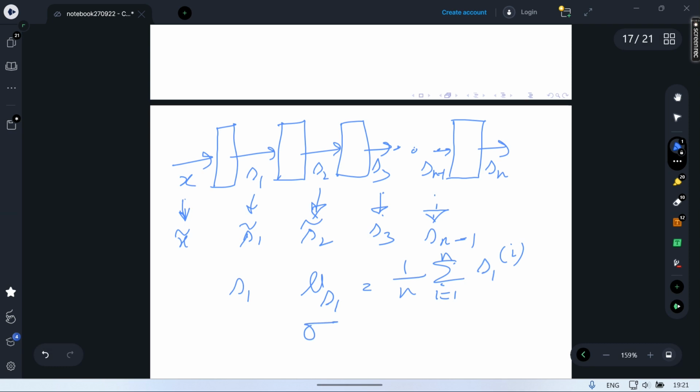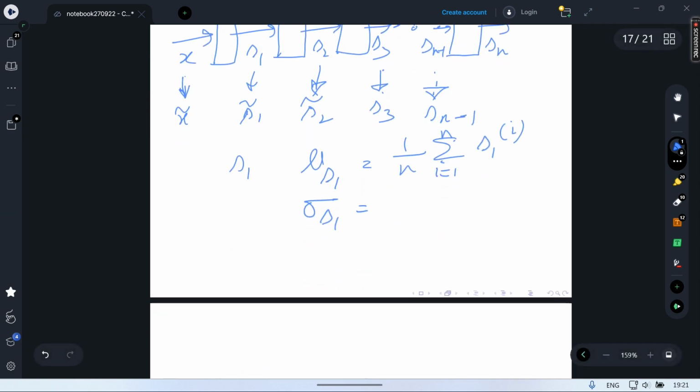Similarly, you can calculate the standard deviation of S1 over all training samples. Once you have calculated the mean and standard deviation, you transform S1 by subtracting the mean and dividing by the standard deviation. Okay, it's quite simple. However, there is a problem.